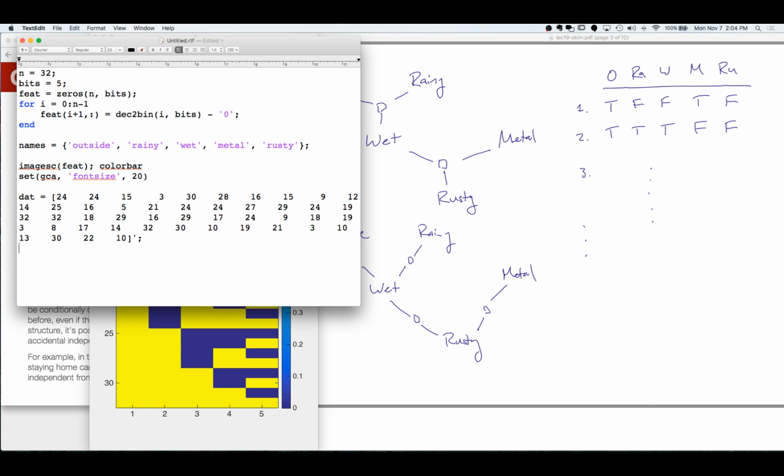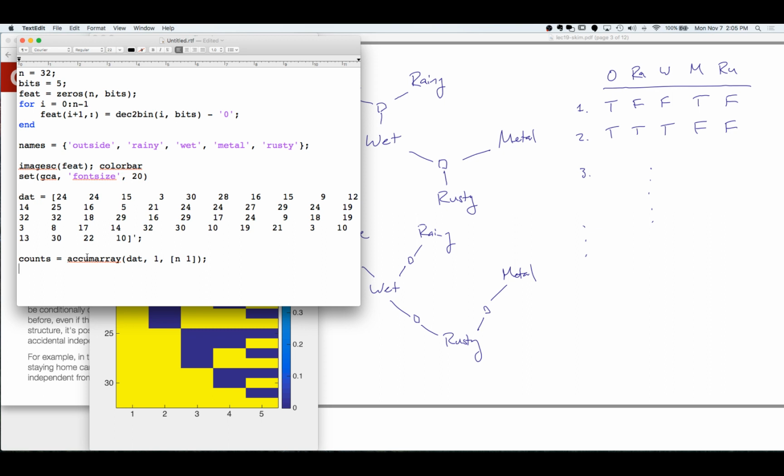And so now I can take that data and convert it into a vector of counts.